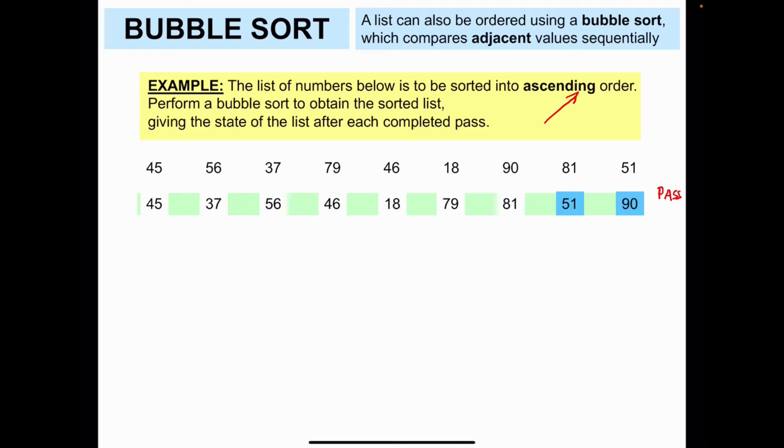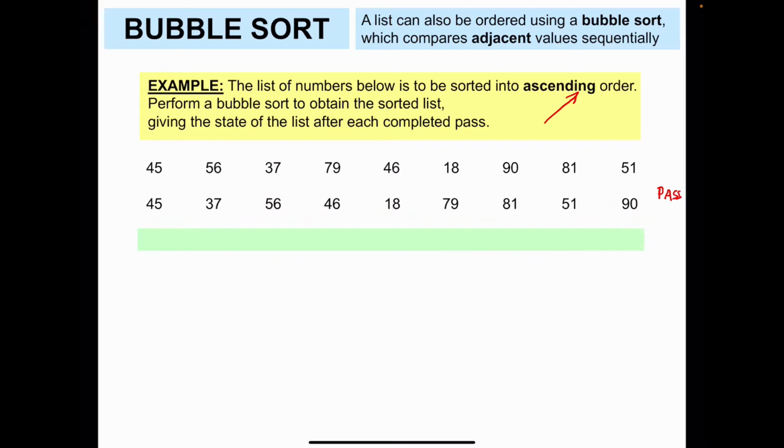After the third pass, the three last numbers are in order, and so on. Now you repeat the same steps until you don't make any swap or switch between two numbers. If you run through the list without making any switch, that means you finished. The sort is completed and your list is in order.